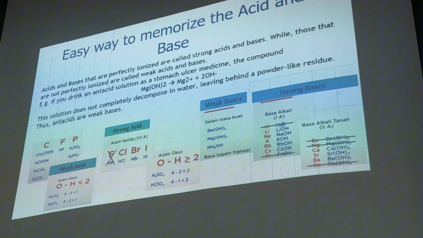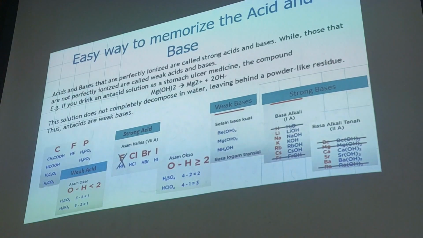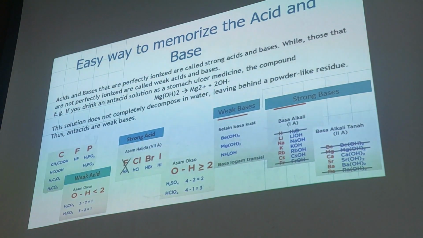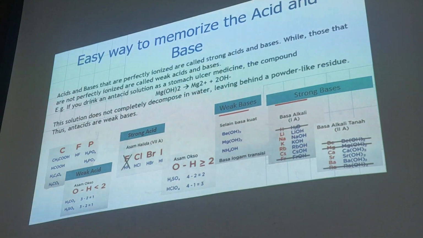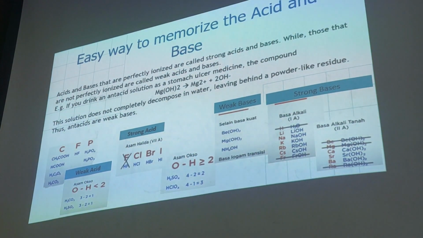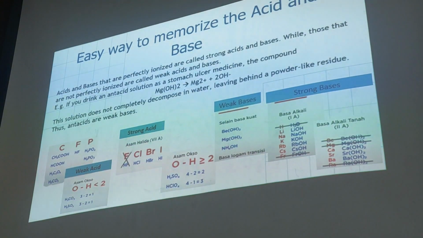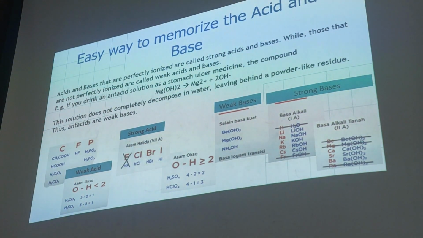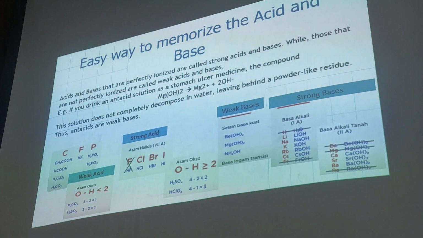Sometimes when a patient has an ulcer, we have to take some medicine called antacid. When you drink an antacid, we can taste that the water and the compound are not perfectly dissolved.